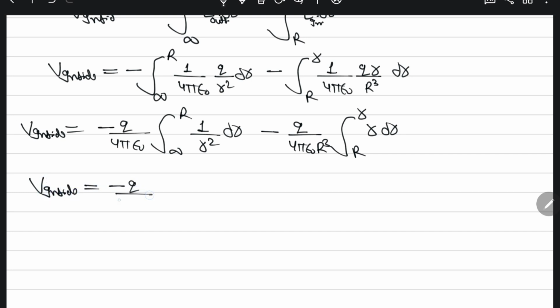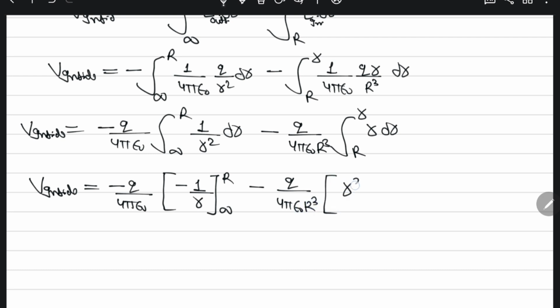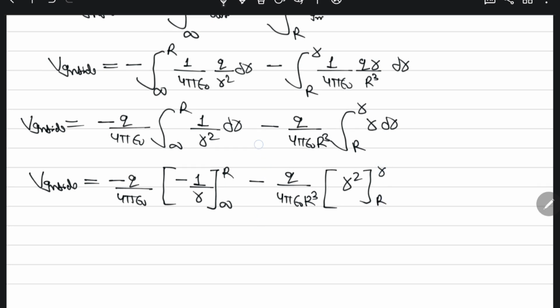So the potential inside is minus q upon 4 pi epsilon naught times minus 1 by r from infinity to capital R, plus q upon 4 pi epsilon naught R cube times r square by 2, with limits capital R to small r.